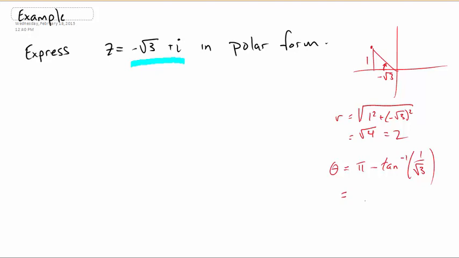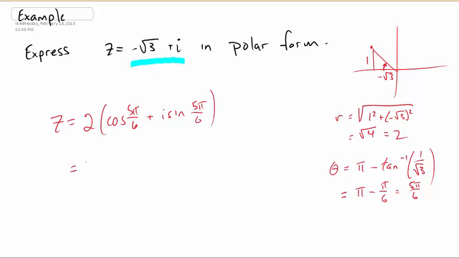And what we end up with is pi minus pi over 6. Our argument is 5 pi over 6. So in polar form, z is equal to 2 times cosine 5 pi over 6 plus i sine 5 pi over 6, or simply written 2 cis 5 pi over 6.